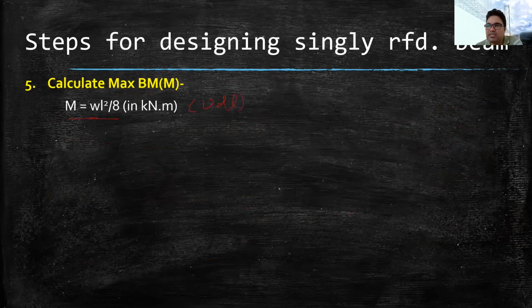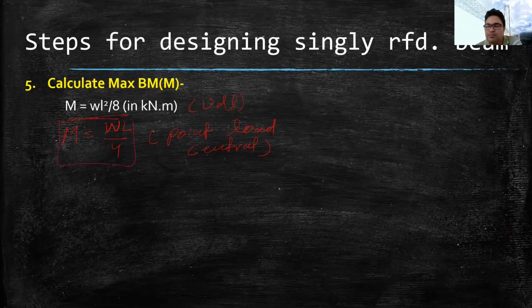If by chance there is a point load carried by the beam, in that case the bending moment due to point load will be M equals capital W into L by 4. So this will be for point load, if the load is on the central point of the beam. This is the direct formula to find out bending moment.